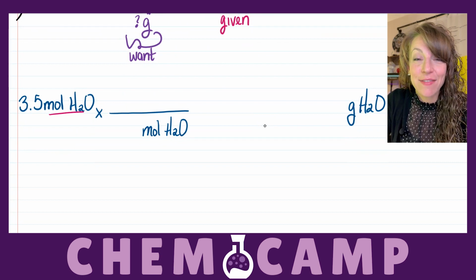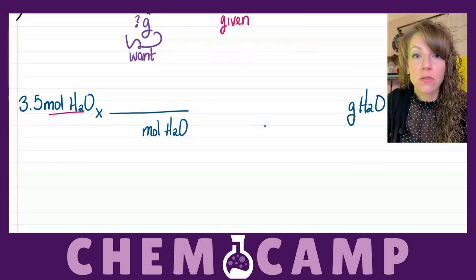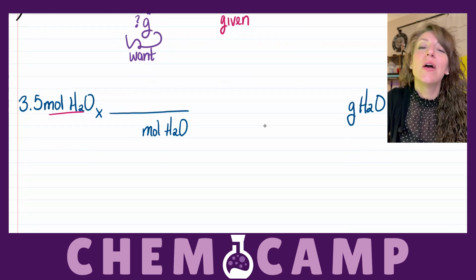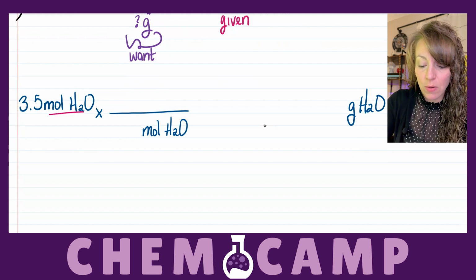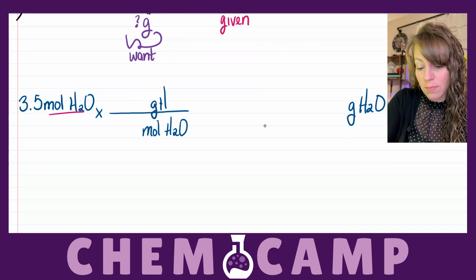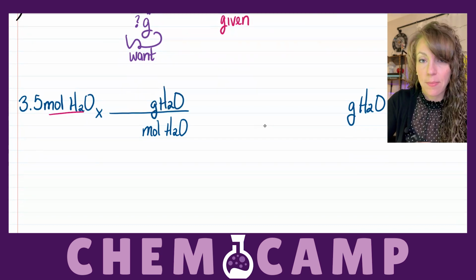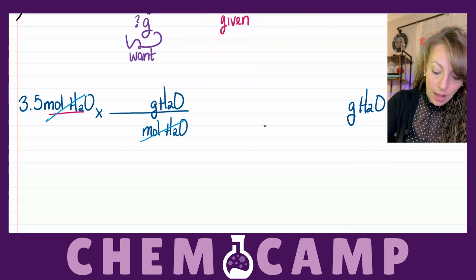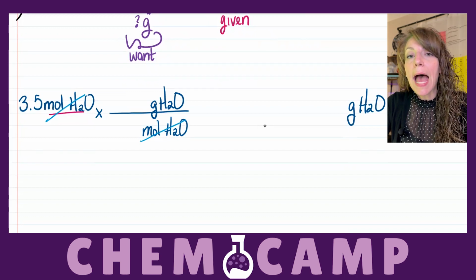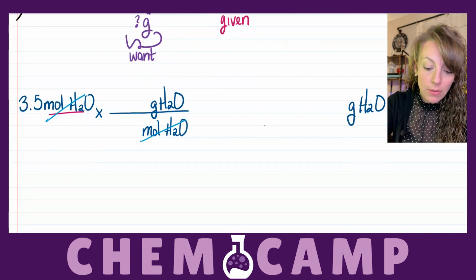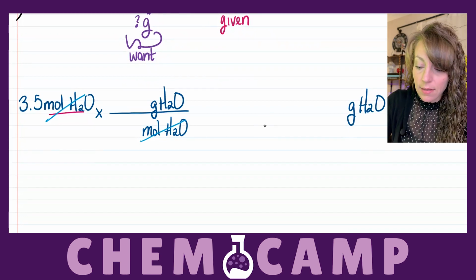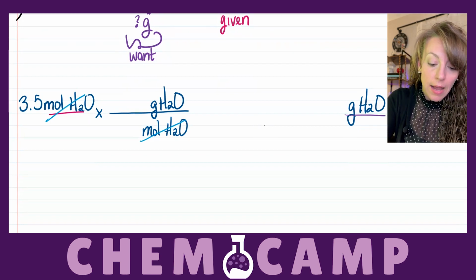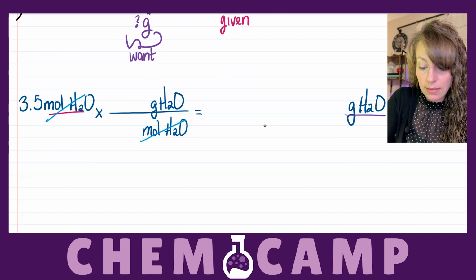Since we have this concept of molar mass that relates moles of a substance to grams of that same substance, we can go from moles of H2O on the bottom to grams of H2O up top. So now that I've canceled the unit I wanted to get rid of, and I've got the unit I wanted to get to at the very top of my ratio, I know I've set up the ratio correctly.